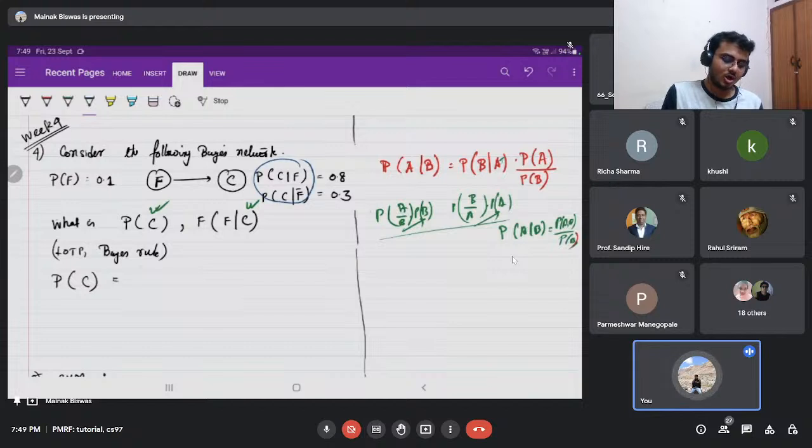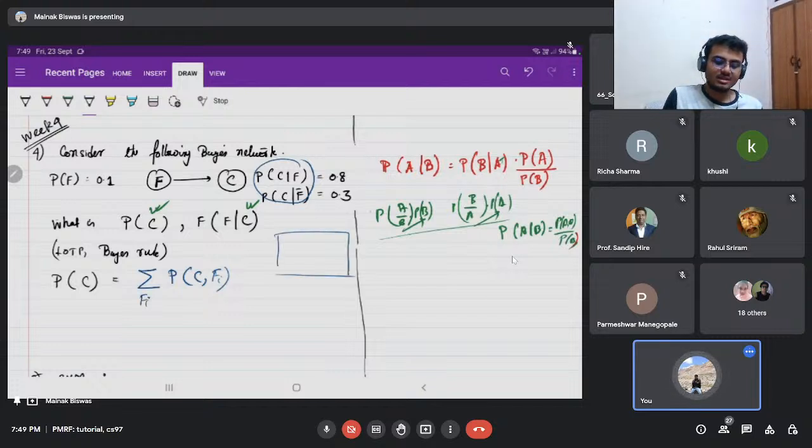So the idea is you use the law of total probability, right? You take the joint distribution of C and F, and you take the sum over all the event space of F. So I'll write Fi over all Fis, such that the Fis are, I told, exhaustive and exclusive events. Remember, right? They have to be exclusive and exhaustive to take this intersection with C. This is your P of C intersection F1.